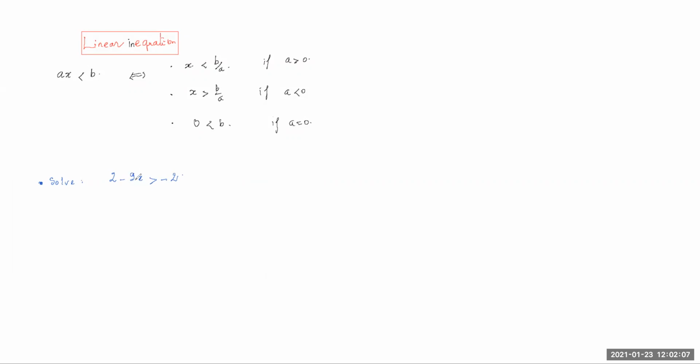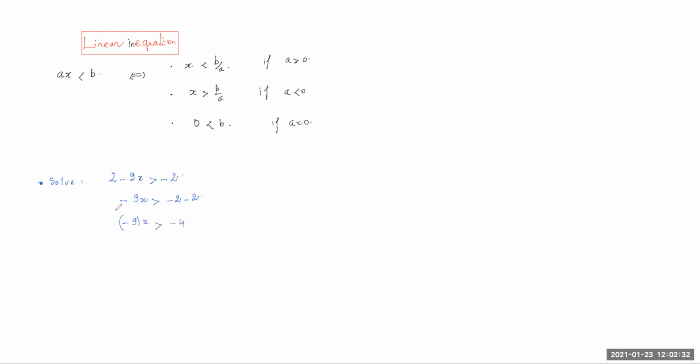Group the terms in x on one side and the constants on the other side. So the second step will be: add minus 2 to both sides, so that they cancel and I get 0 here, and here it's minus 2 minus 2. So I will have minus 9 times x greater than minus 4.